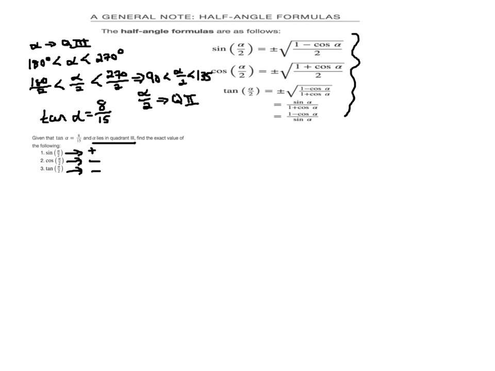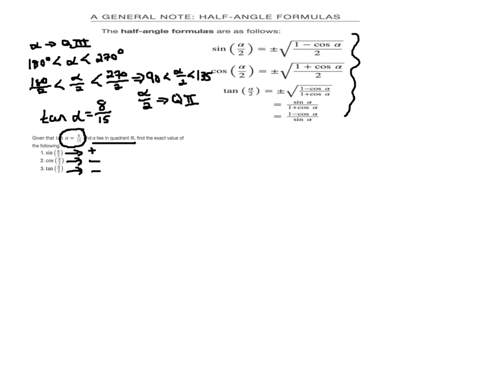Katie, I see you're typing, so I'm going to wait to see what you have to say about that. It's okay. So what it says is that alpha is in quadrant 3. We want to know where half alpha is. So if alpha is in quadrant 3, that's between 180 and 270.